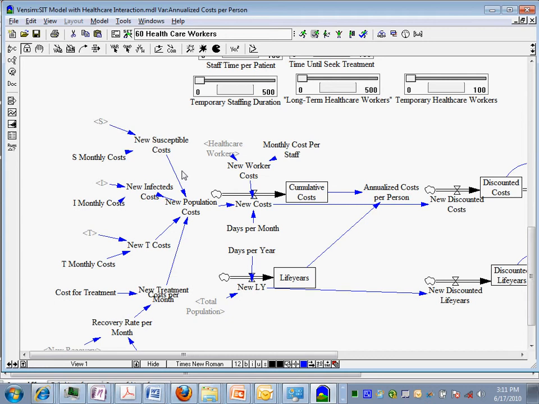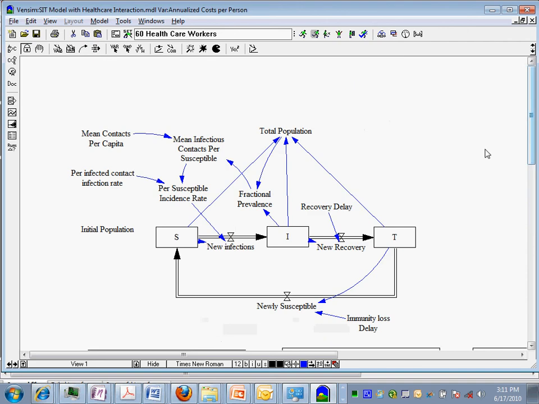So what we have here is a rate of new costs. So these are costs per month being exerted by those people that we saw circulating up there. So the people up here at the top, susceptible, infected, and temporarily recovered. The idea is that they're exerting some costs on the healthcare system.